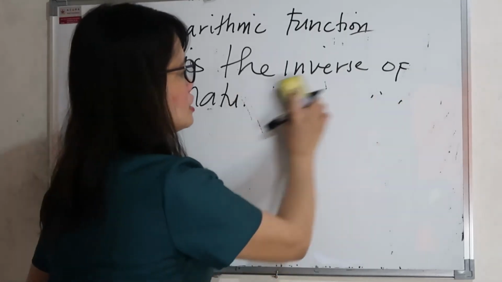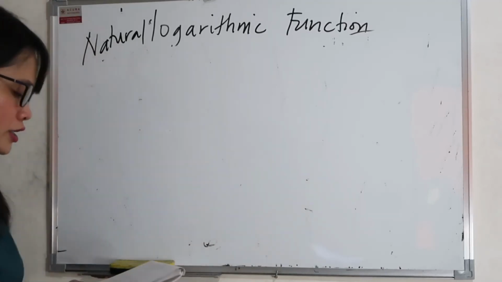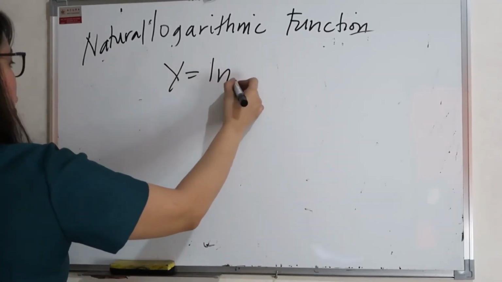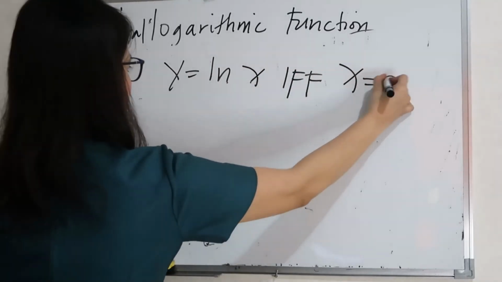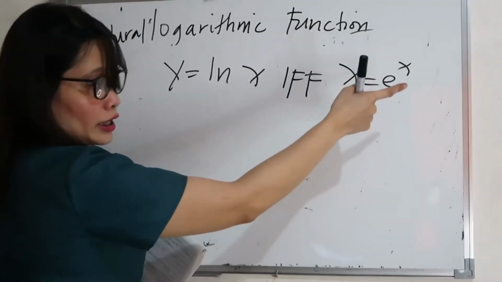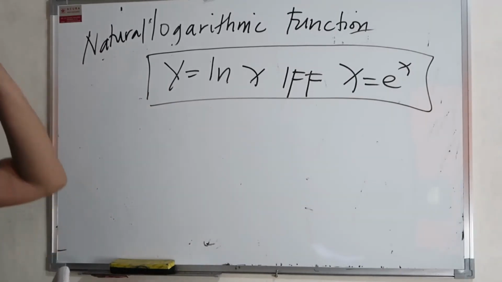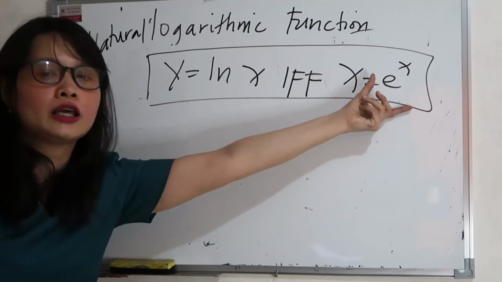So for today, how do we graph a natural logarithmic function? For example, y equals ln x if and only if x is equal to e raised to y. So this is the definition of natural logarithmic function.